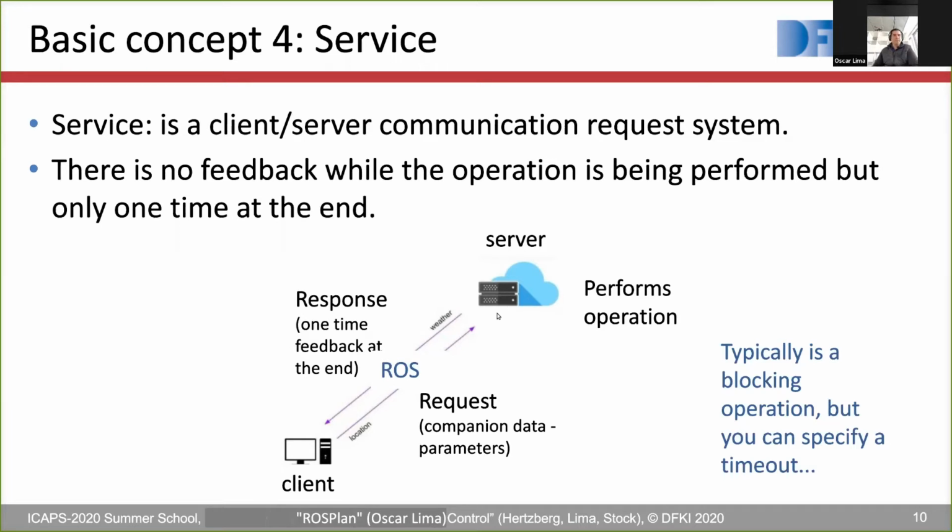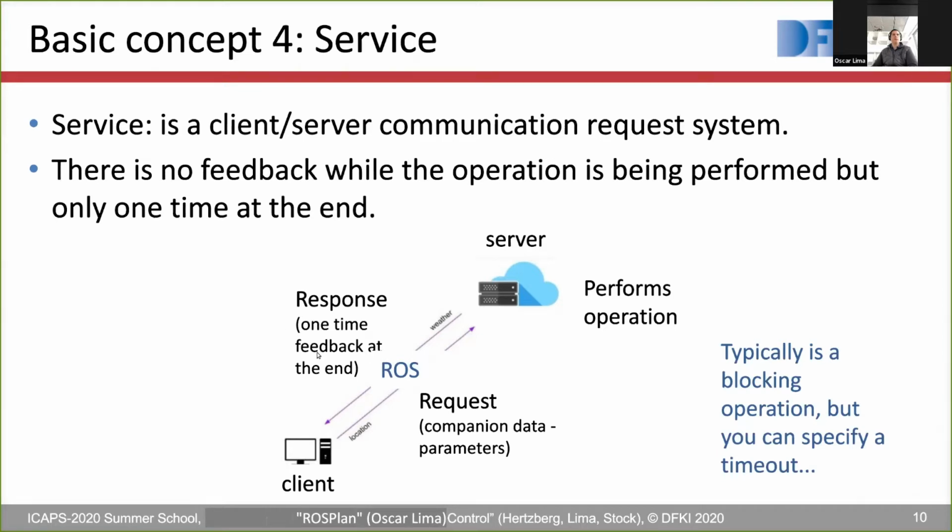But for the purpose of this course, you will do everything on one machine. So there will be two different nodes communicating through services. You will send a request with some data or parameters, and then you will receive a response from the server.